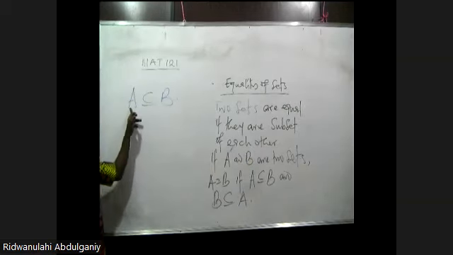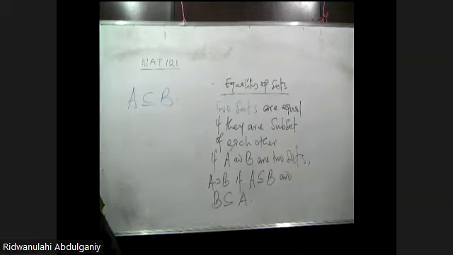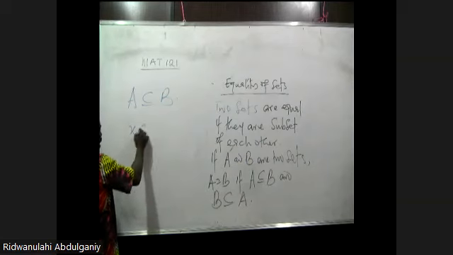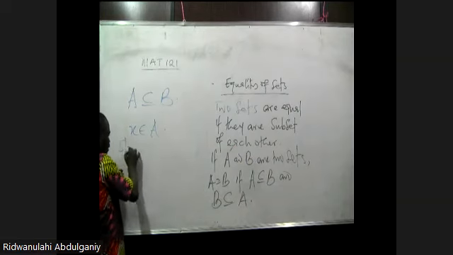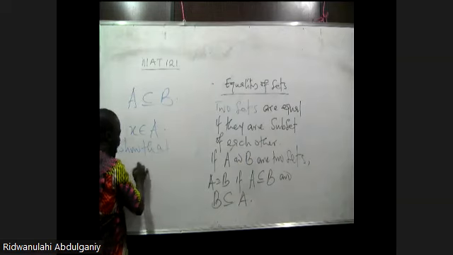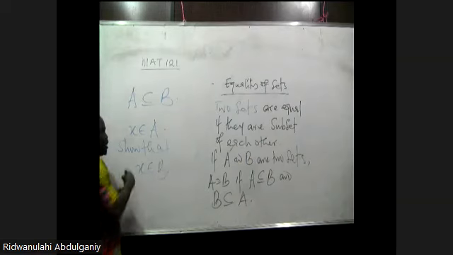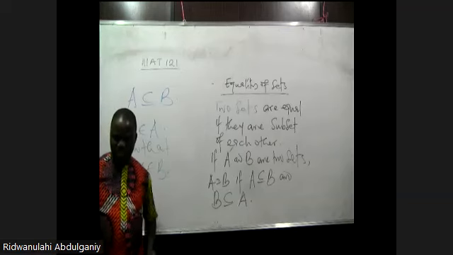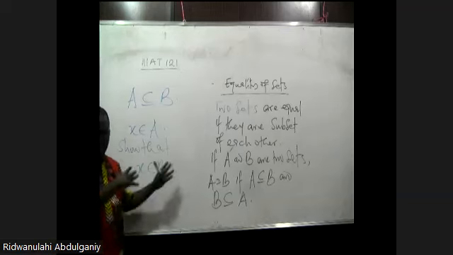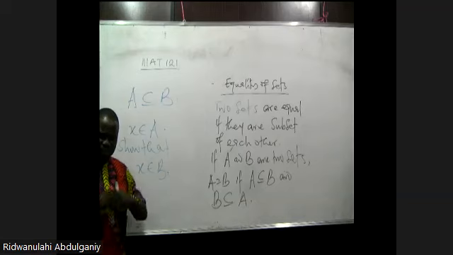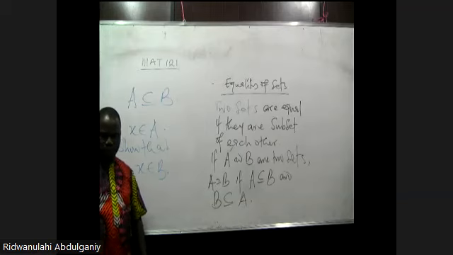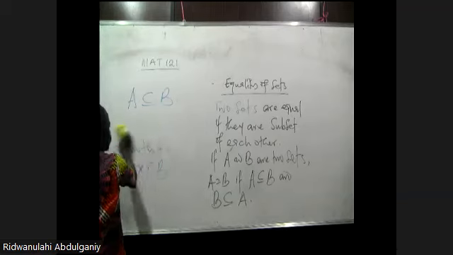I only need to pick an element in set A and show that that element is in set B. Take, for instance, I pick an arbitrary element X in A. You must show that X is also in B. That's when you can establish that A is a subset of B. But that is not the main focus of the class. The basic thing we want to do in this class is just to give us the requisite definition, then the rigorous proof. When we get to 200 level, we're going to look at all those.